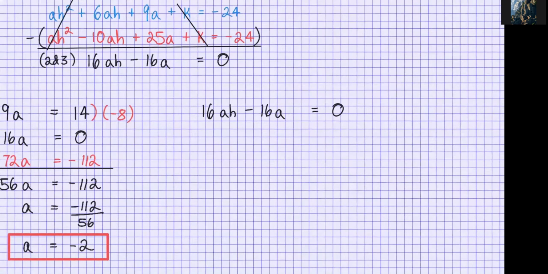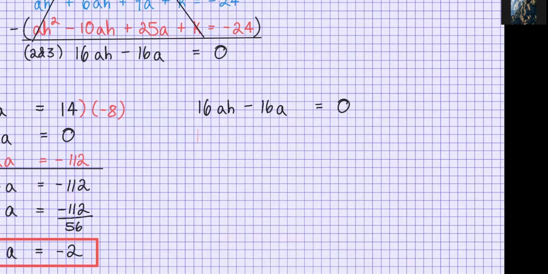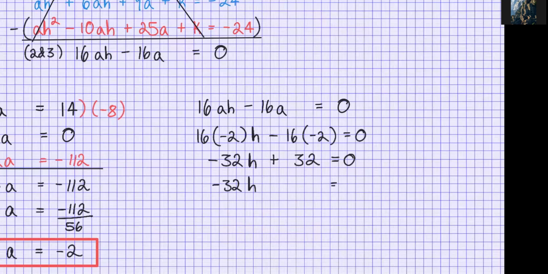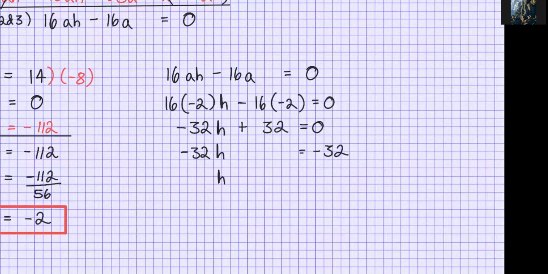So let's substitute 16 times negative 2h minus 16 times negative 2, and this will equal 0. I have negative 32h plus 32 will equal 0. And it is very obvious now that h will be 1. Negative 32 divided by negative 32, h is 1.